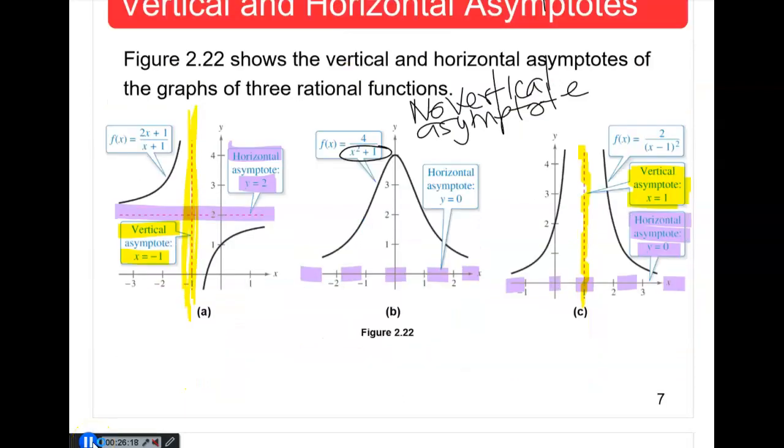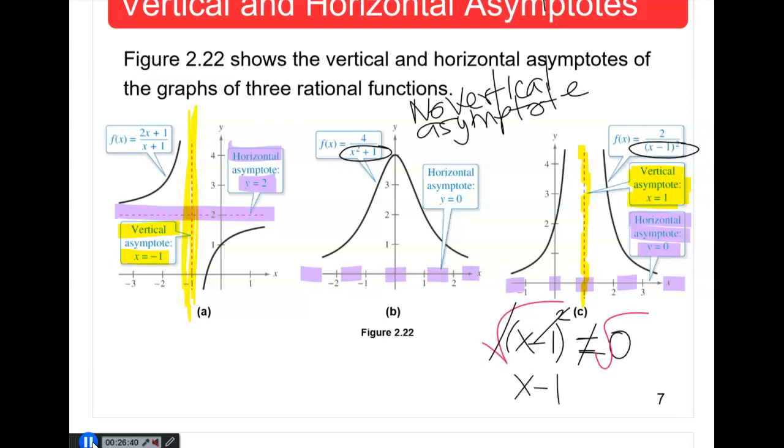So you can see here that to find a domain, we take the denominator and say it does not equal 0. First thing will be to take the square root on both sides, and that will eliminate the square.